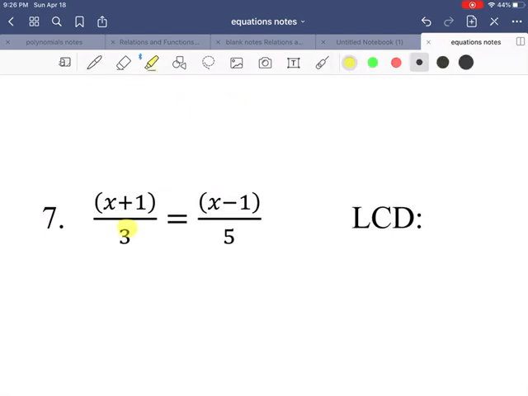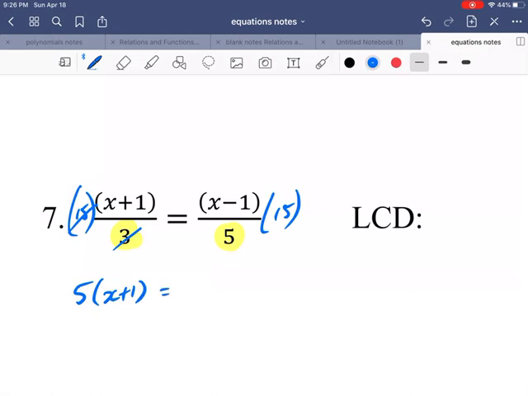We have the same denominators as the last question, so again we're going to multiply each side by 15. And you end up with 5 times x plus 1 is equal to 3 times x minus 1. 15 divided by 5 gives you 3. Now you have to use the distributive property.